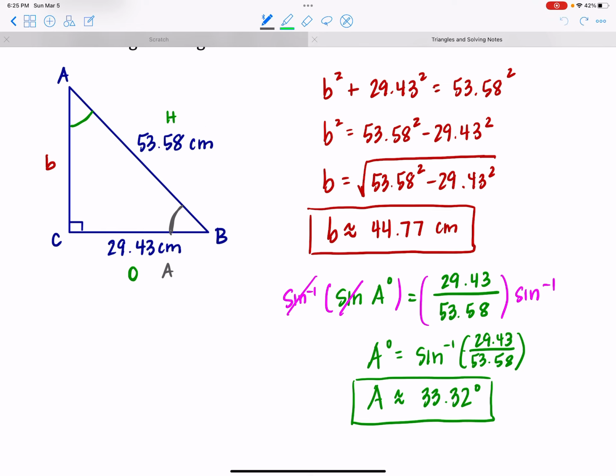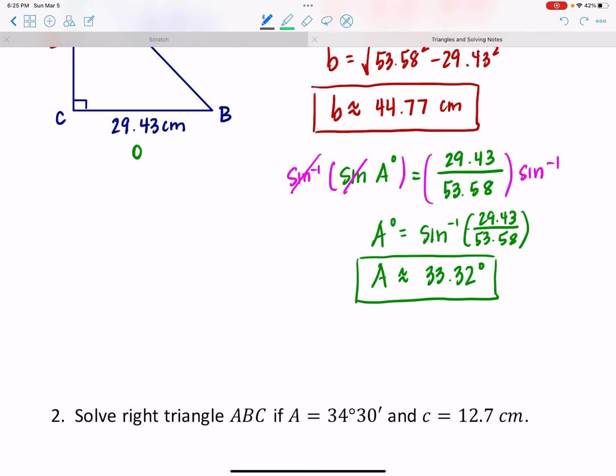But also remember that the 3 angles in a triangle have to add up to 180 degrees, and so knowing 2 of them, I can just subtract from 180 to find the third. So that's what I'm going to do here. If I add up angles A, B, and C, they have to make 180. So angle A, which is 33.32 degrees, plus 90 degrees, plus the missing angle B, all those together have to make 180.